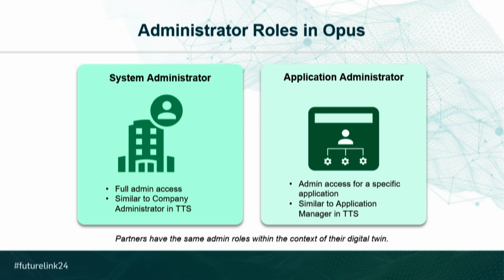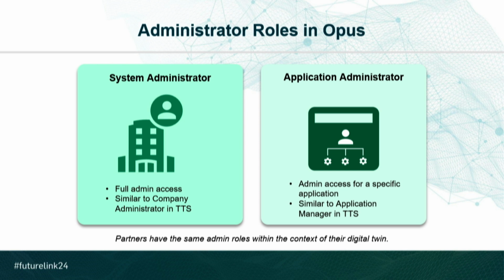So now we're going to focus on administrator roles in Opus. This is the last part of populating our workspace. There are two types of administrators: the system administrator and the application administrator. The system administrator is similar to the company administrator that's currently in TTS.